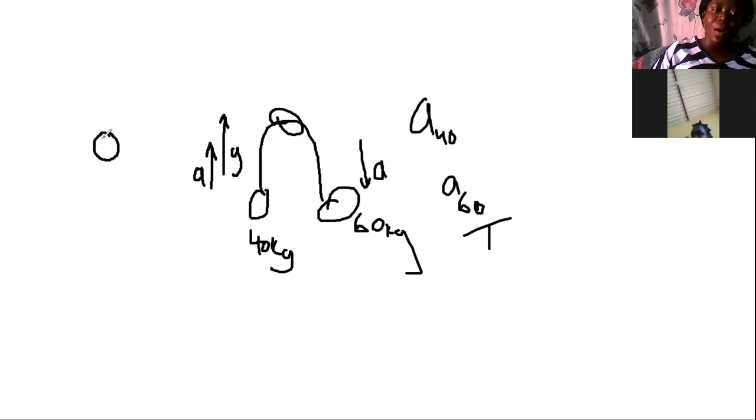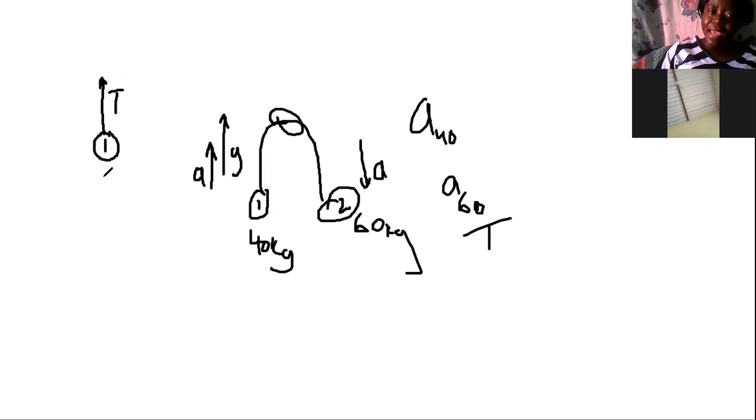Okay, so we draw our free body diagram. If this is 1 and this is 2, then for body 1 we have a tension force due to the rope. It is pointing upward; we always say the tension points towards the rope.